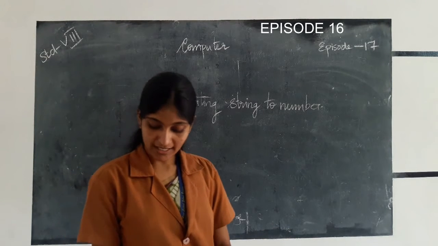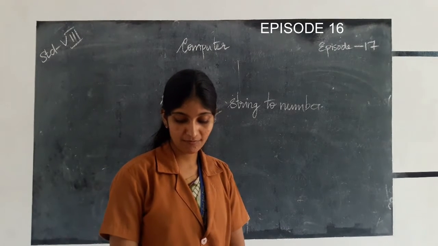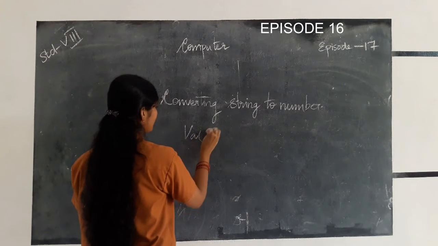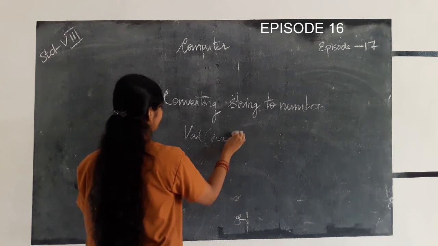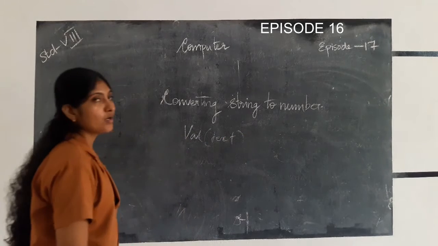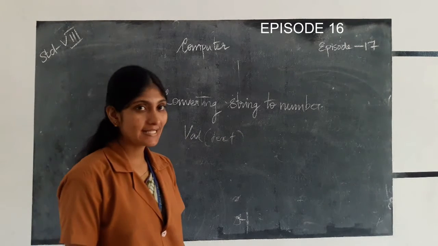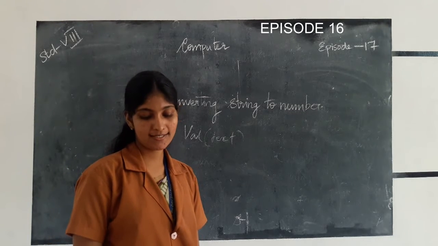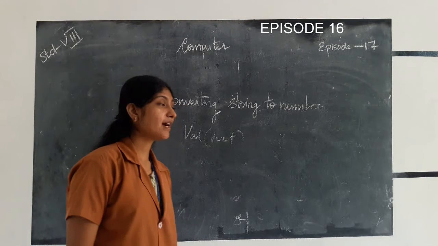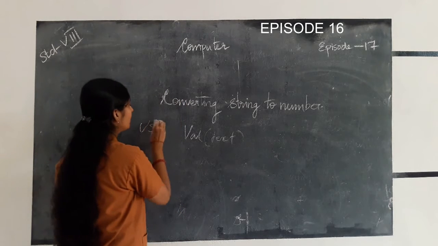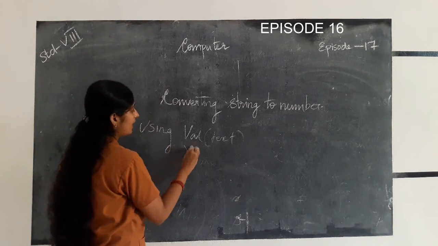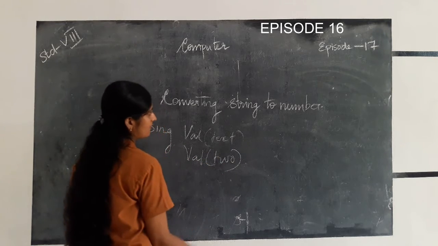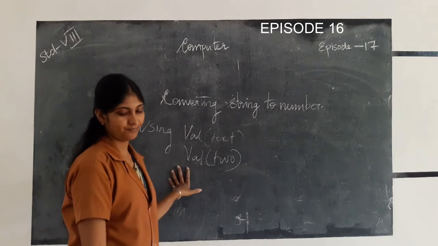By using a function, that is the value function, val of text. Val means value of text. So this is the function used to convert a text in a text box into numeric data. So how to convert a text in a text box into numeric data? Using the function val of text. For example, val of 2. So it will be converted to a number.